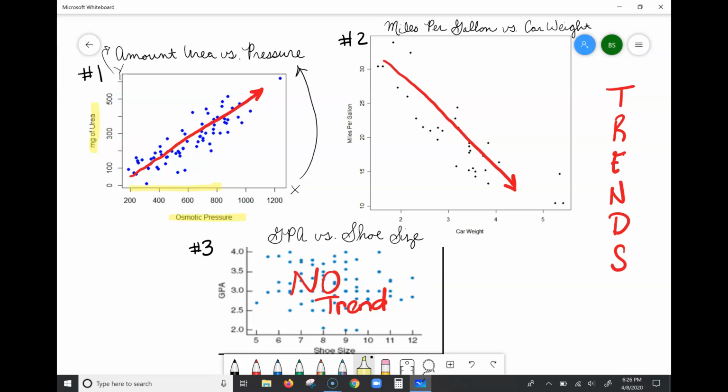We would read number 2 as the car weight increases, the miles per gallon decreases. And with graph number 3, we would say that there is no correlation between the shoe size of a person and their GPA.